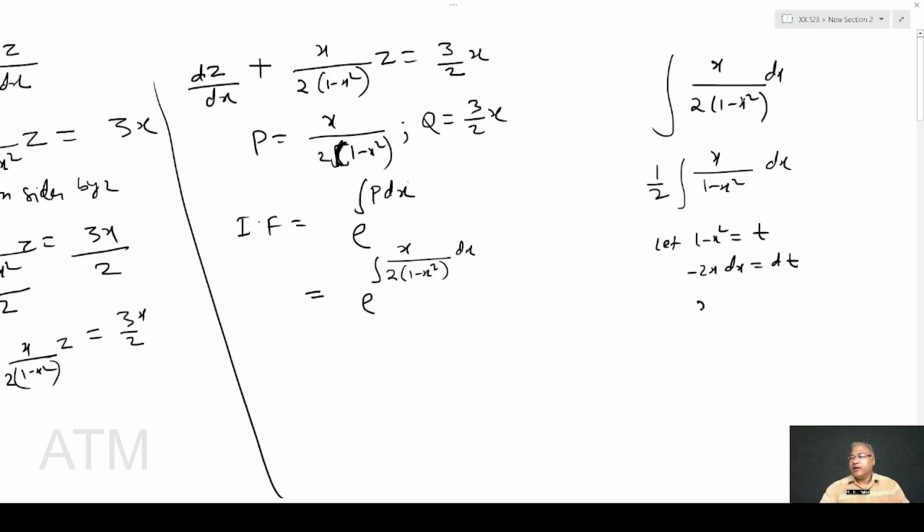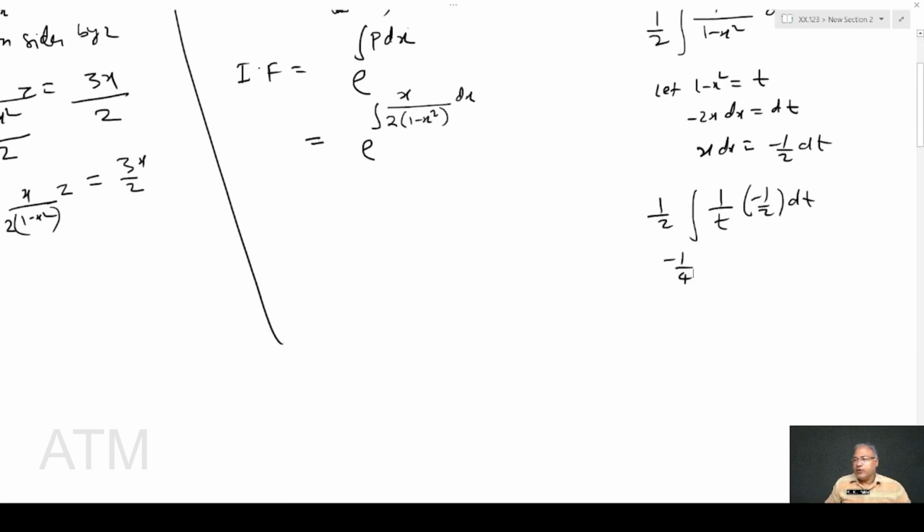So here x dx equals minus 1 upon 2 dt. After that 1 by 2 is outside, integration of 1 upon t and minus 1 by 2 dt, that is minus 1 upon 4, and integration of 1 upon t dt, that is minus 1 upon 4 log of modulus t.